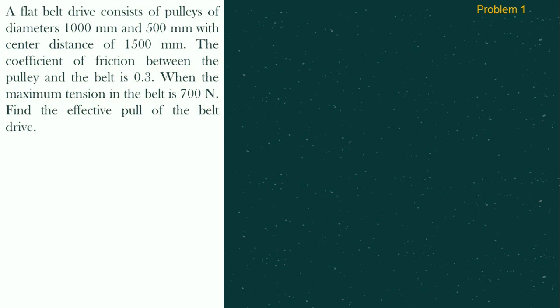So first let's make the list of the data which has been given in the problem. The diameter of the driving pulley is given, that is D1 = 1000 mm. D2 is also given, that is 500 mm. The center distance X is given, which is 1500 mm.